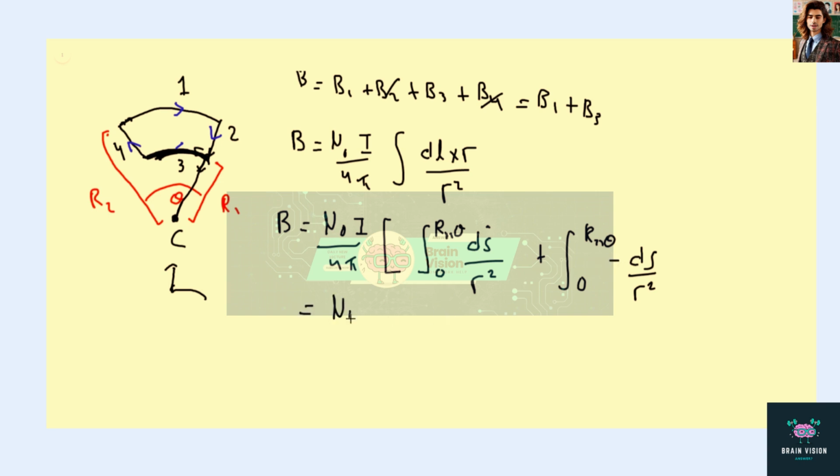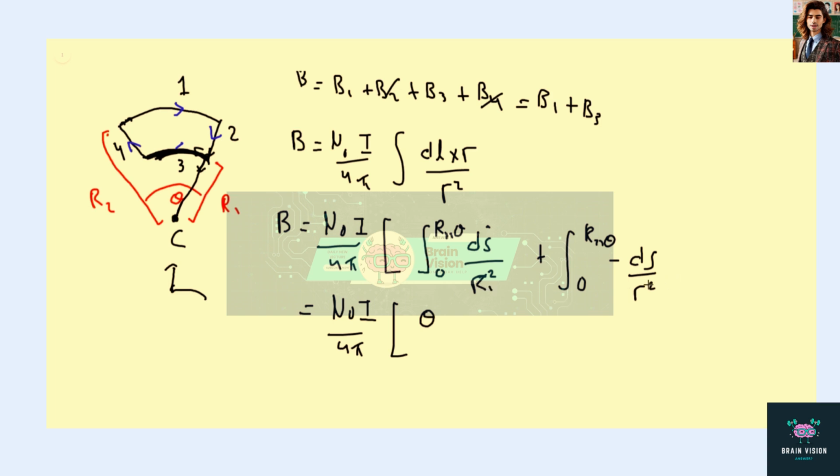So we have mu naught I over 4 pi. And this ds integral is easy, so that's just going to be this path length, which is theta times r. This r here we don't have to worry about, because that's always a constant distance from here. In the first case, that's always distance r1. In the second case, it's always distance r2. So we can even write those in right away.